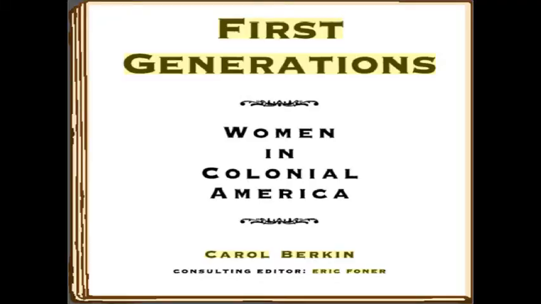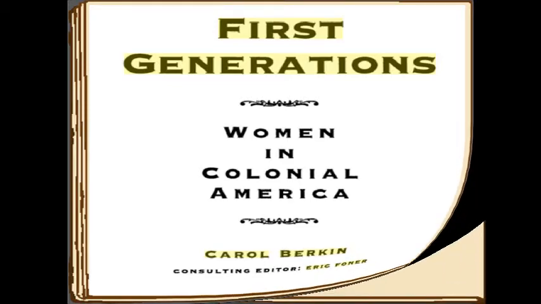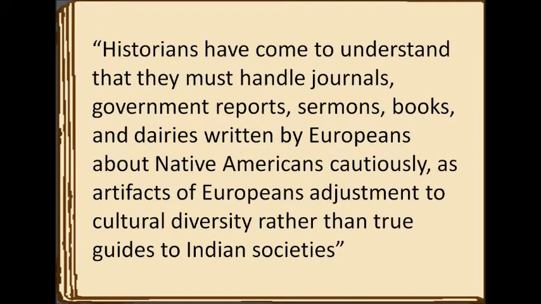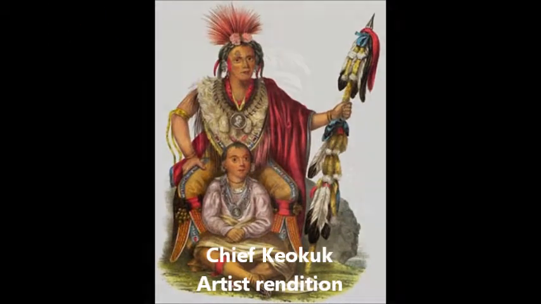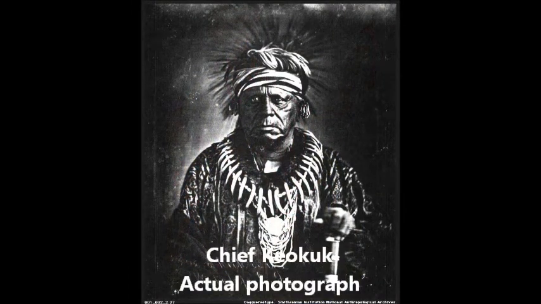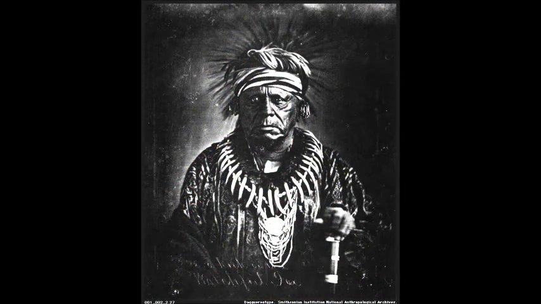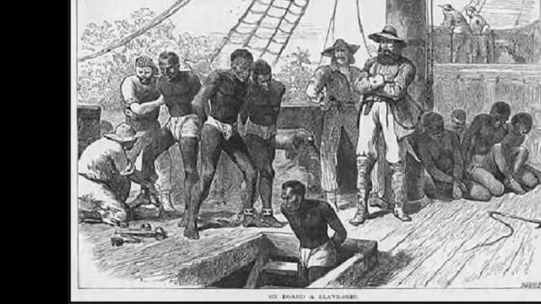Author Carol Birkin, in her book First Generations, explains that historians have come to understand that they must handle journals, government reports, sermons, books, and diaries written by Europeans about Native Americans cautiously, as artifacts of European adjustment to cultural diversity, rather than true guides to Indian societies. This European adjustment has given us a distorted view and has allowed many misconceptions and inaccuracies to be perpetrated.